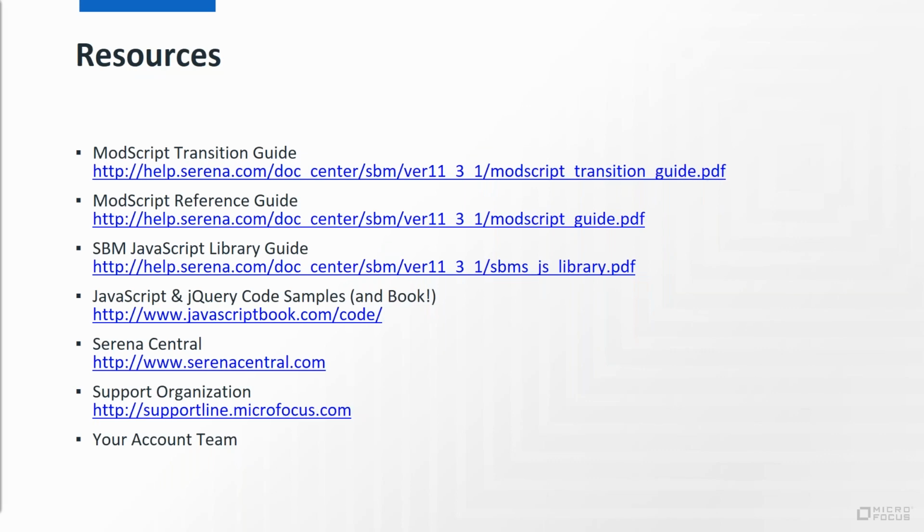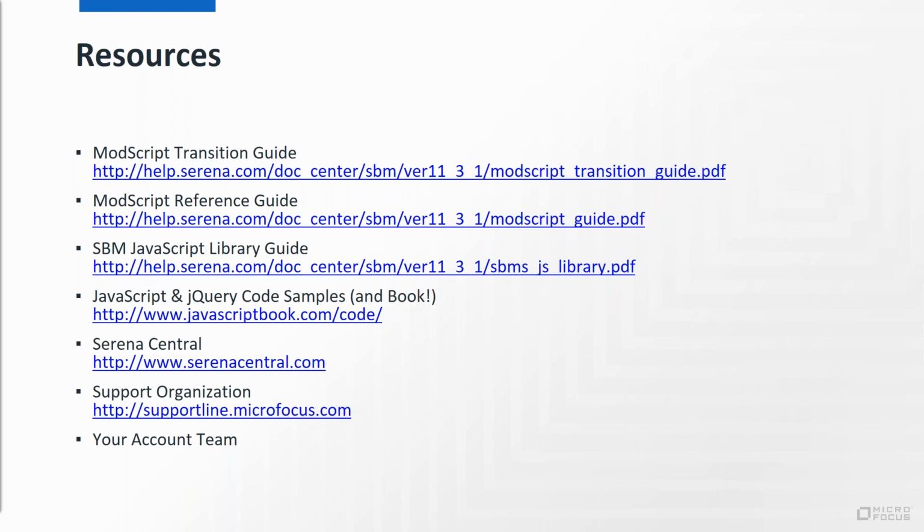For those of you that have written AppScript before, the ModScript reference guide is basically that, only specifically for ModScript. It doesn't go into here's what is new with ModScript versus AppScript. That's what the transition guide is for, but it is an awesome guide.